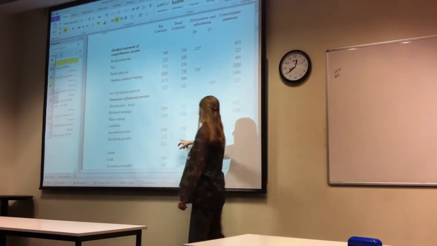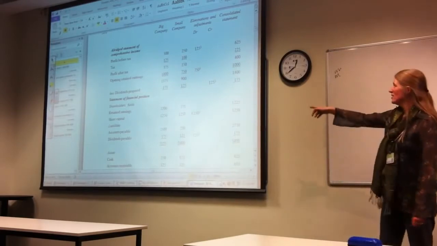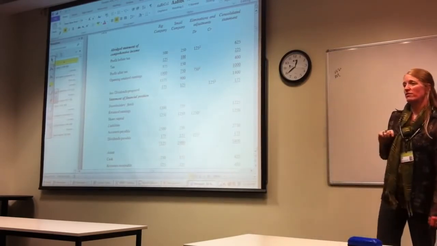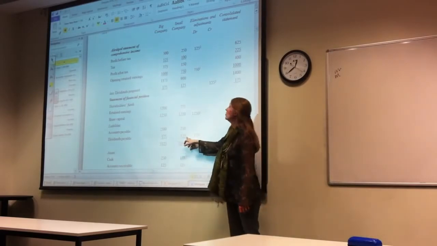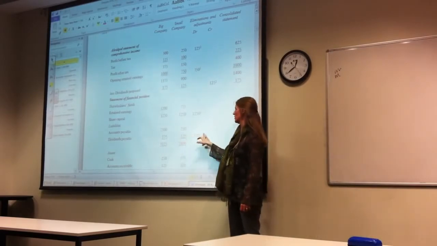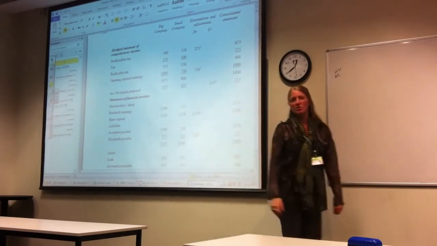But in this case, let's take a good one. We've got 175 and 125 dividends payable, and as you can see, we've got an adjustment there of 125. So we've got 175, the Small Company with dividends payable of 125, and then a debit of 125.